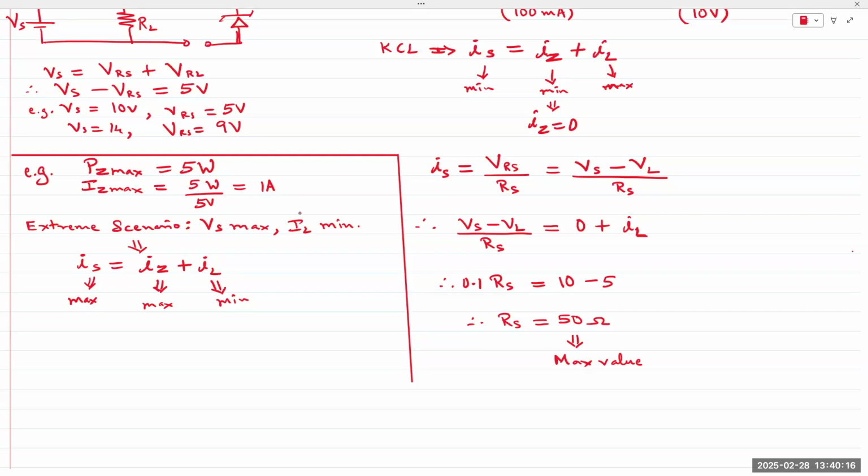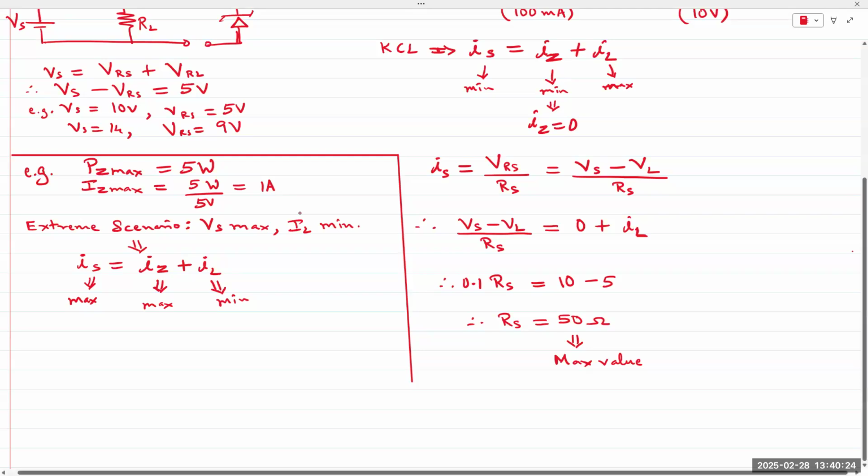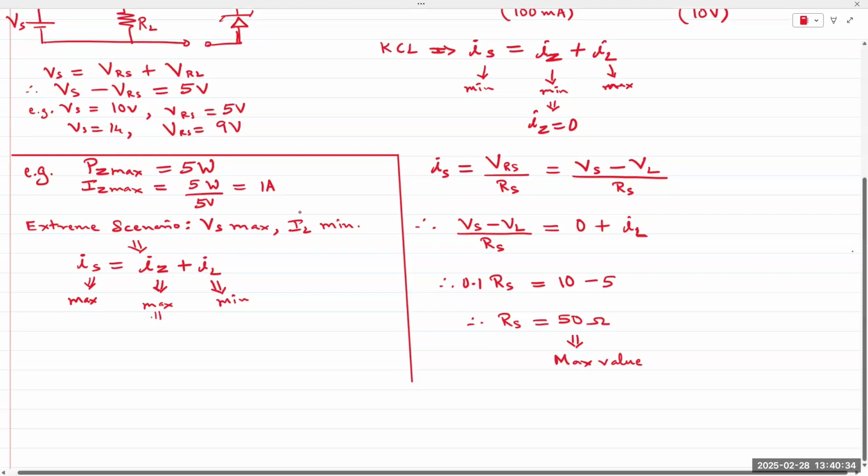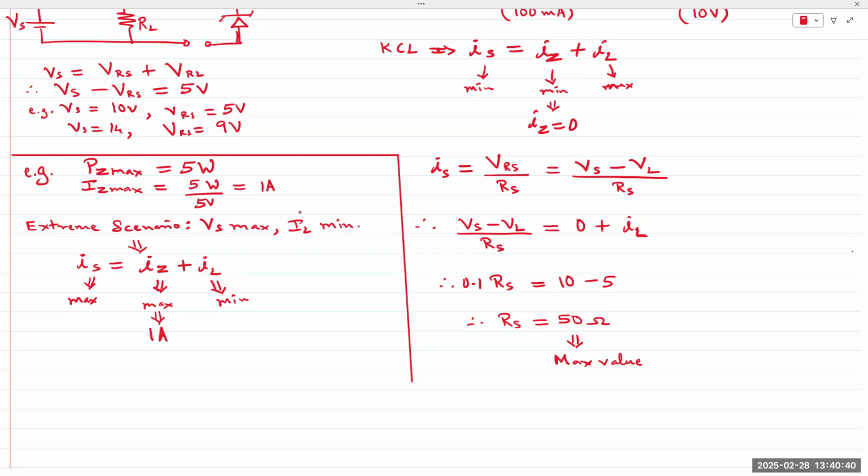Does that make sense to everyone? I'll repeat one more time. Supply is at its max, demand is at its lowest. And that's the other extreme case scenario. So if supply is at its max, demand is lowest, maximum value for Zener current is 1 amp. Now we need to find the value of RS that will not cause the circuit to stop operating.